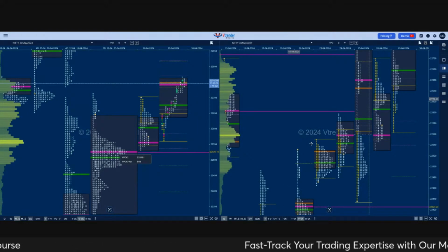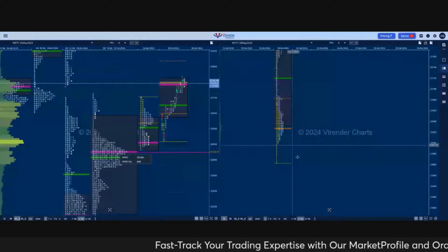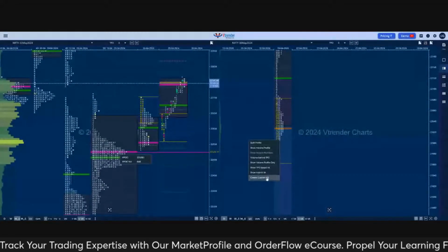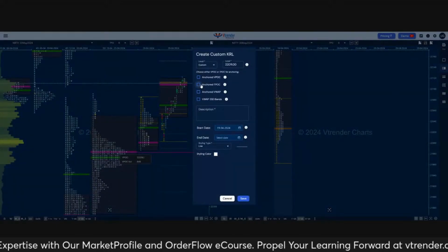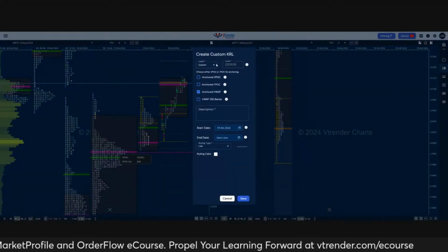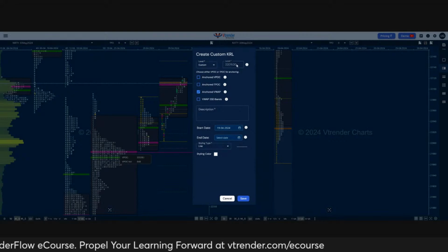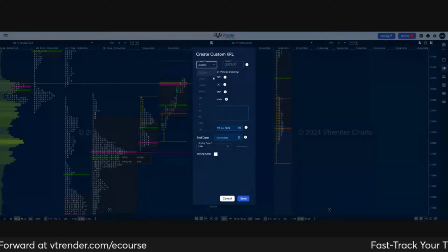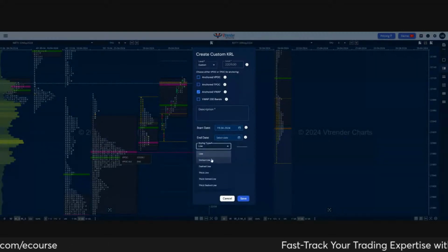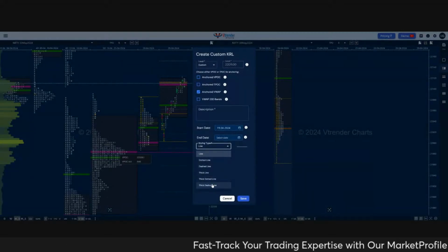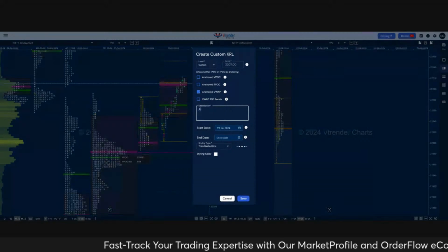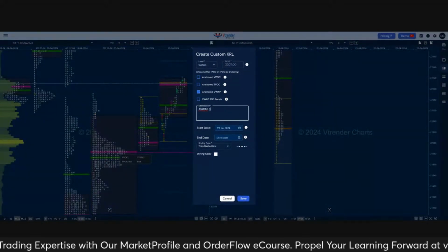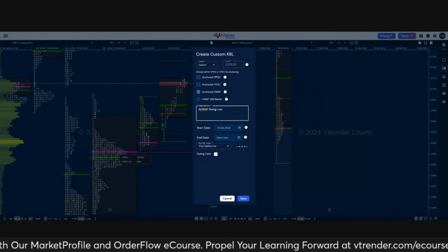So what we do is we do a right click, create custom KRL, anchored VWAP, AVWAP from swing low of 21963.